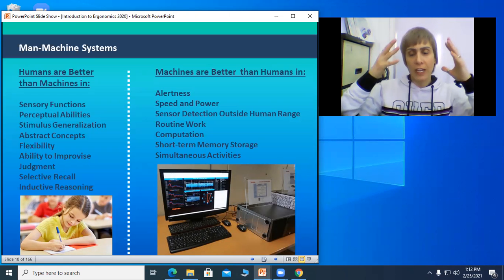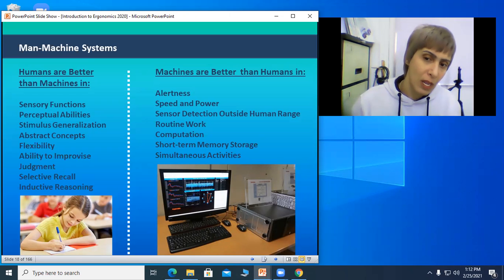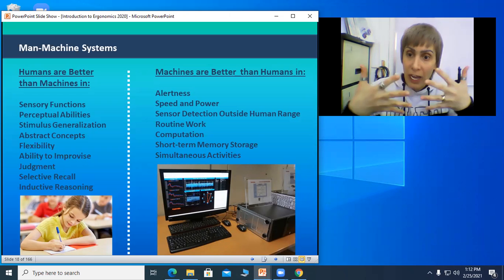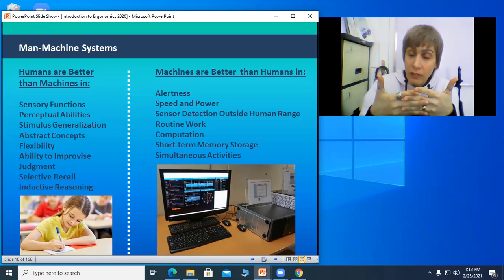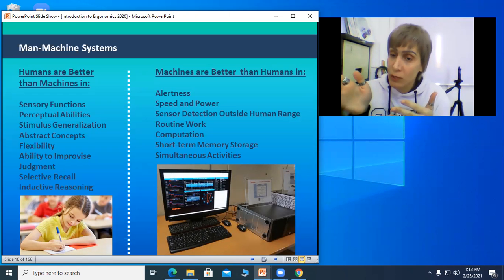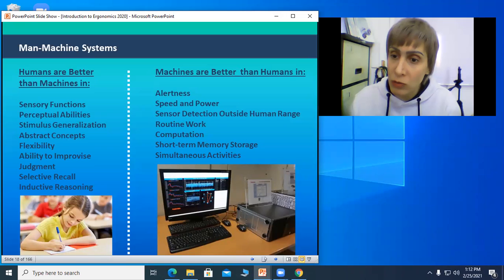So if you're designing a product, a machine, okay? And let's say it's a mechanical system, okay? So it's a powered machine with a human interacting. You need to decide, okay, what tasks do I give to the machine to do, and what tasks should I give to the human to do?